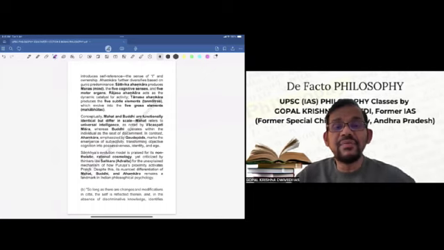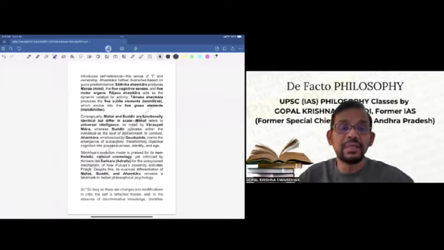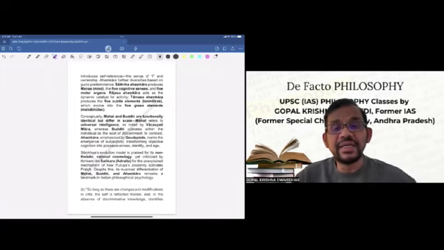Ahankara further diversifies based on gunic predominance, meaning Sattva, Rajas, and Tamas, those three gunas. Sattvic Ahankara produces manas, the five cognitive senses, and five motor organs. Rajasic Ahankara acts as the dynamic catalyst for activity. Tamasic Ahankara produces the five subtle elements, that is tanmatras, which evolve into five gross elements, that is mahabhutas.